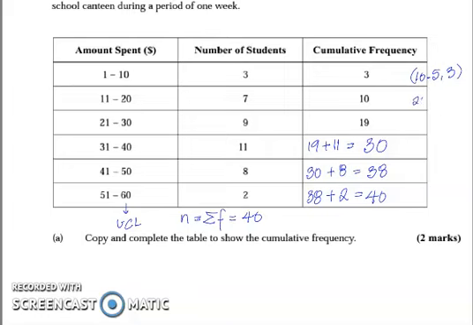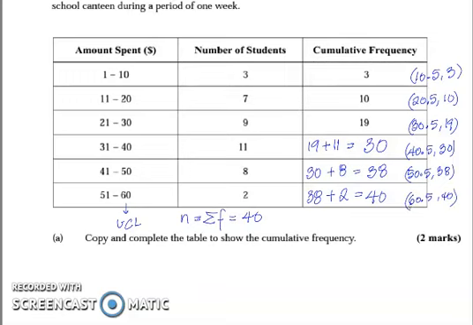Then 20.5, 10, then 30.5, 19, 40.5, 30, 50.5, 38, and 60.5, 40.